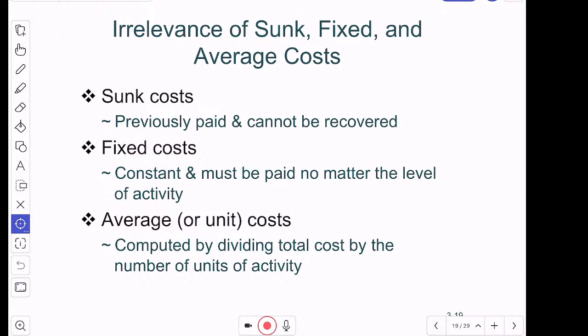We have to incur those expenses. So that's not considered in our decision. And neither are average costs, which are computed by dividing total cost by the number of units of the activity. What we really care about is the relationship between benefit and cost on the margin.